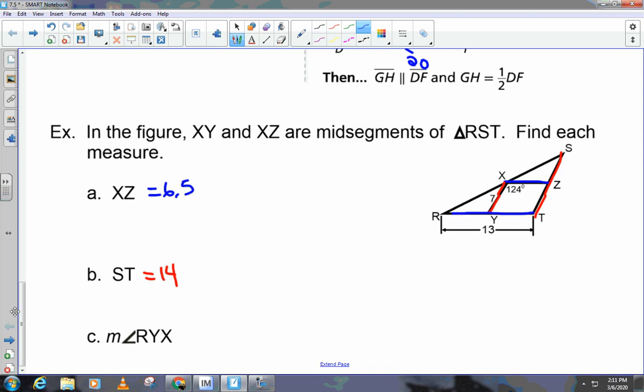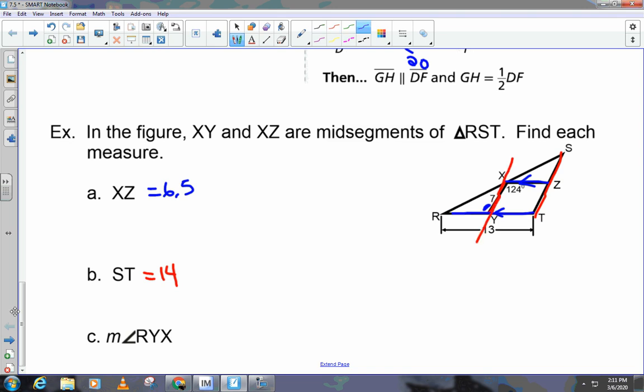Okay. And so then the last one on here, it says find the measure of angle RYX. RYX. Okay, so we want this little guy right here. Now, remember that these are parallel to each other, right? This red line acts as a transversal, right?